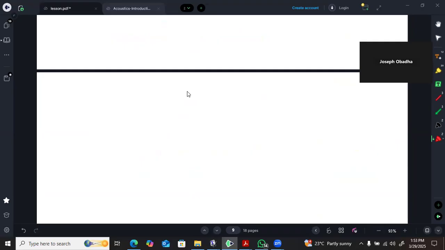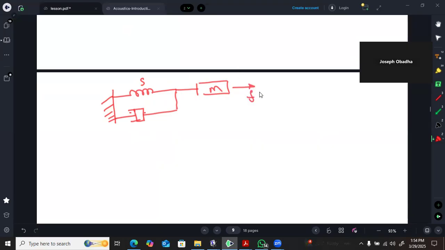And if we add our source, then we have the mechanical circuit given by this, M there, and then we have the force F equal to F cos omega t, and I have the electrical circuit.